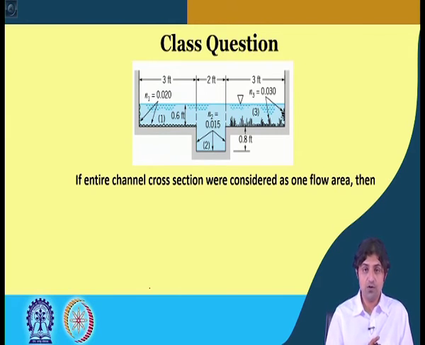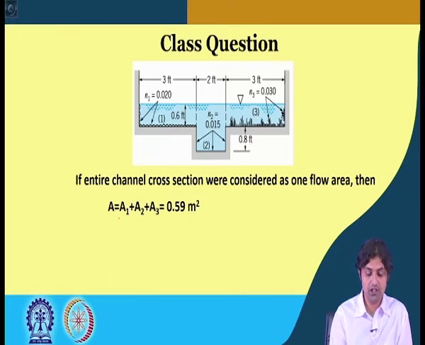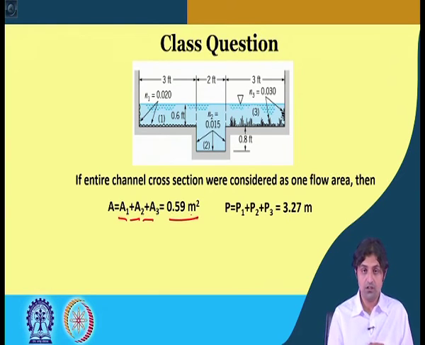Now, we have found Q. If the entire cross section were considered as one flow area, then the total area is going to be A1 plus A2 plus A3, which we have already computed in the table. If you add it, it comes to 0.59 meter square. The wetted perimeter, P1 plus P2 plus P3 from the table, comes to 3.27 meter.